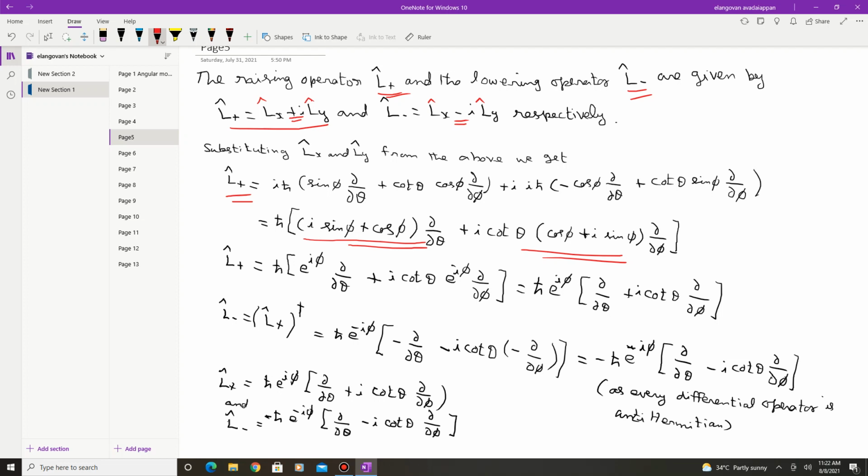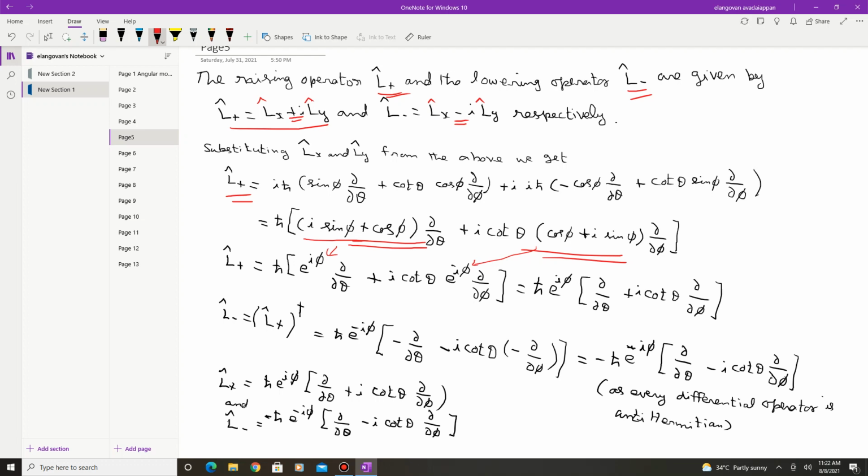So you combine these two terms, and if you simplify further, the L plus operator is h cross e power i phi into d by d theta, because e power i phi is cos phi plus i sin phi. So this term can be expressed in terms of this, and cos phi plus i sin phi is e power i phi.